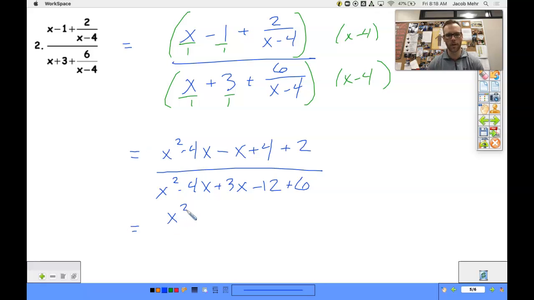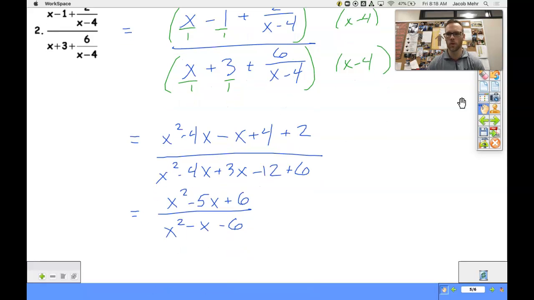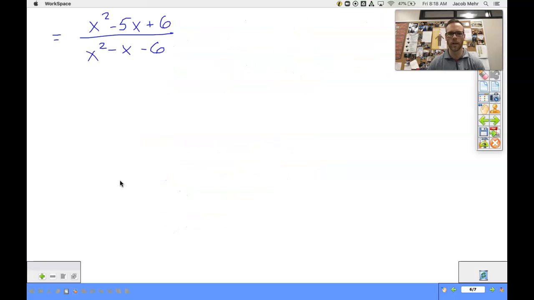Let's see here, x squared minus 5x plus 6, x squared minus x minus 6. Now, I don't know about you guys, but when I look at that one, I wonder if those factor and if anything will cancel out. So, let's see, that's x minus 3, x minus 2.